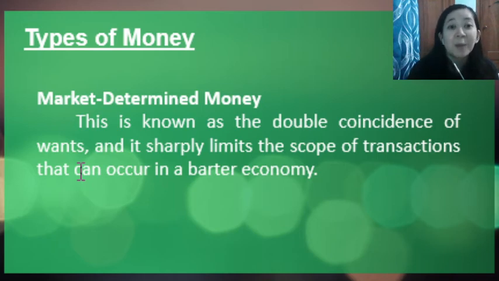This is what we call market-determined money. In the present times, the seller will be the one to value their own goods that they sell, or it can be based on the prevailing market prices of similar goods that are being traded or sold in the market.